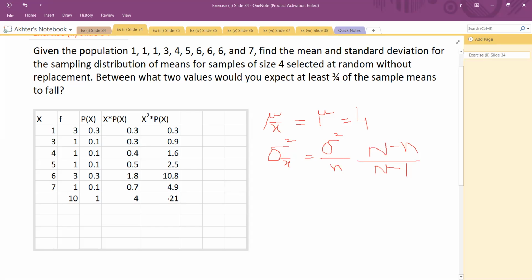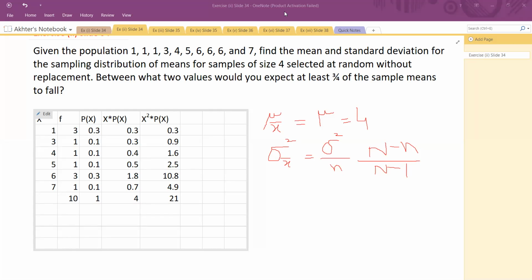We have to compute the variance of the population by a formula, as in Excel. The formula of the variance is the summation of x square times px, which is 21, minus the square of the summation of x into px, which is 4 square. The 4 square is 16. So the variance of the population is 5.